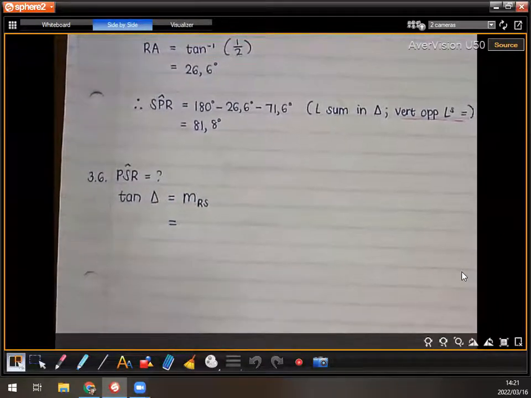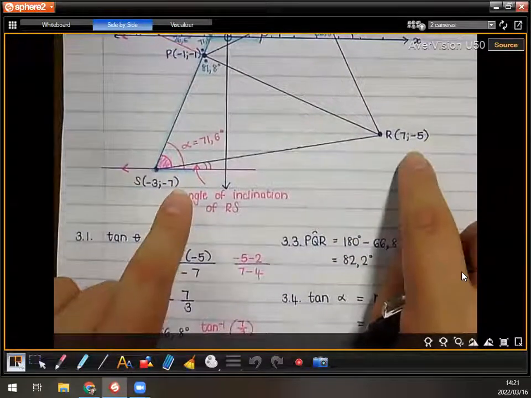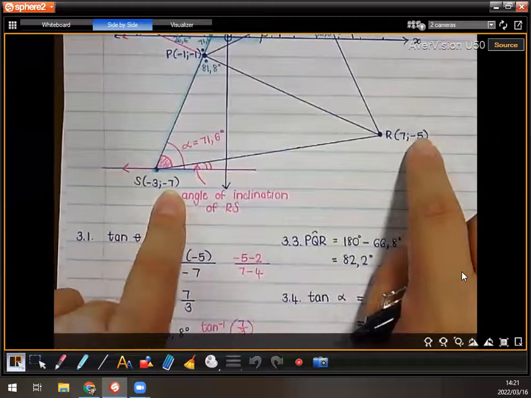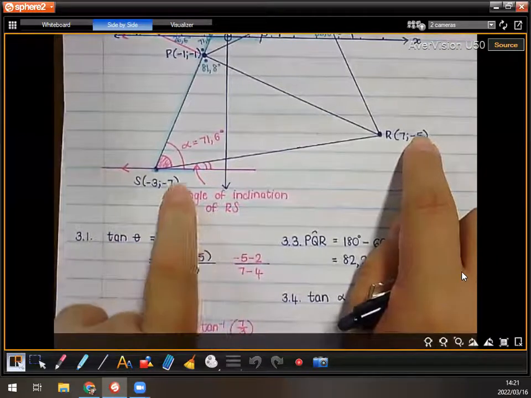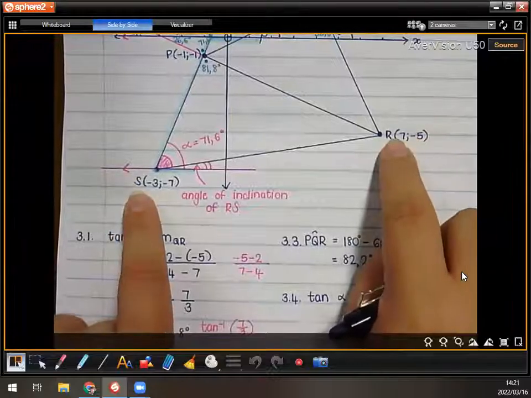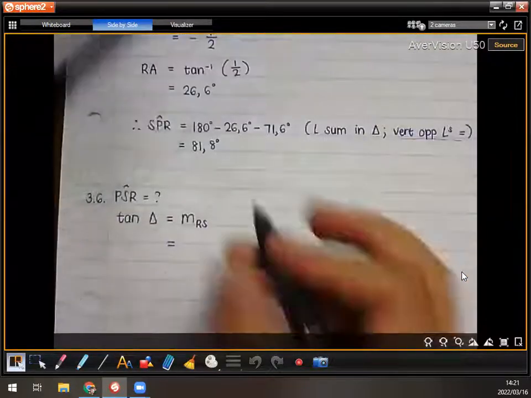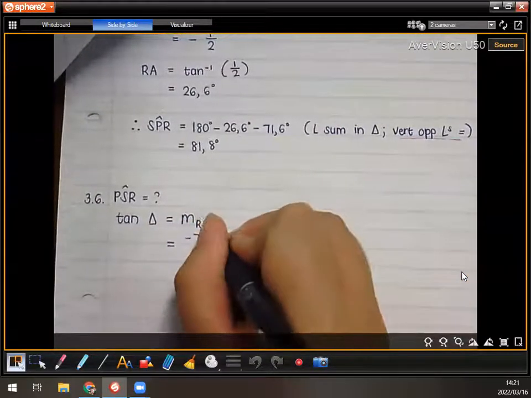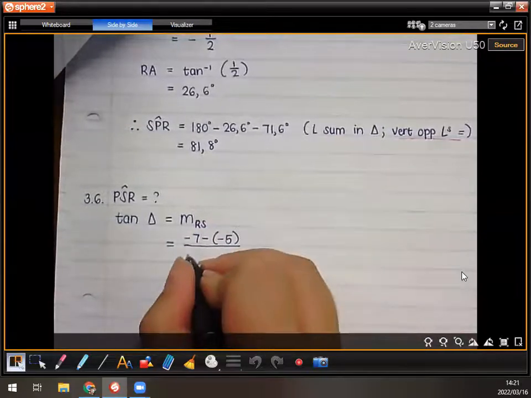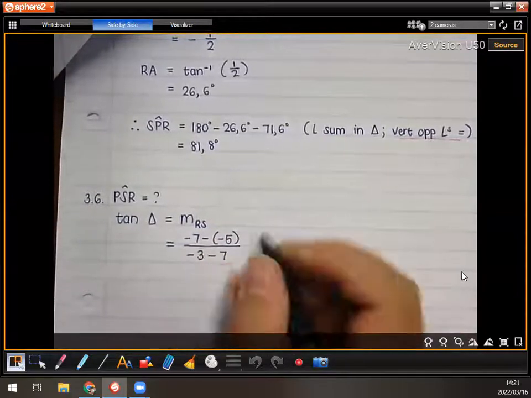Now we need to work that out. We need to calculate that gradient. So if we're looking at the coordinates, we can say -7 minus -5. That's going to go at the top, change in y, -7 minus -5, and then -3 minus 7. Okay, so -7 minus -5 over -3 minus 7.